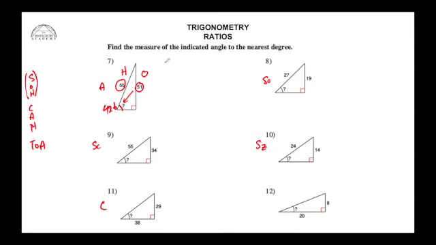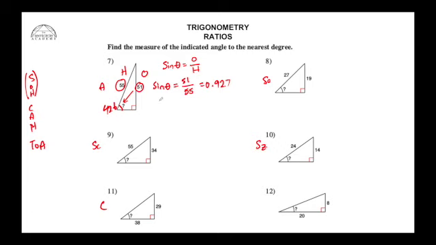So I could say, well, okay, the sine of the angle is the opposite divided by the hypotenuse. Therefore the sine of the angle is the opposite being 51 divided by the hypotenuse being 55, which is 51 divided by 55, 0.927. Let's take it around there.